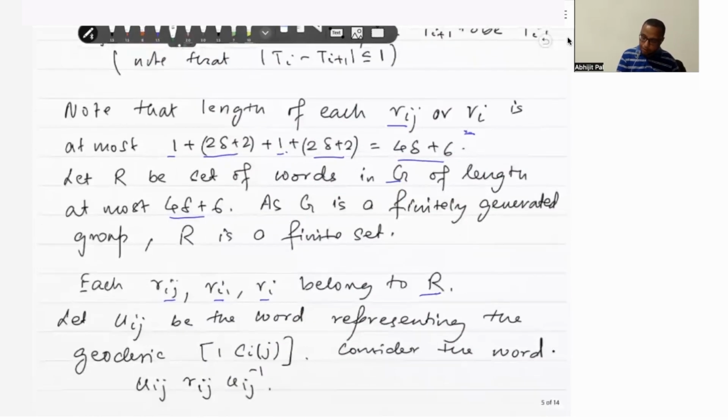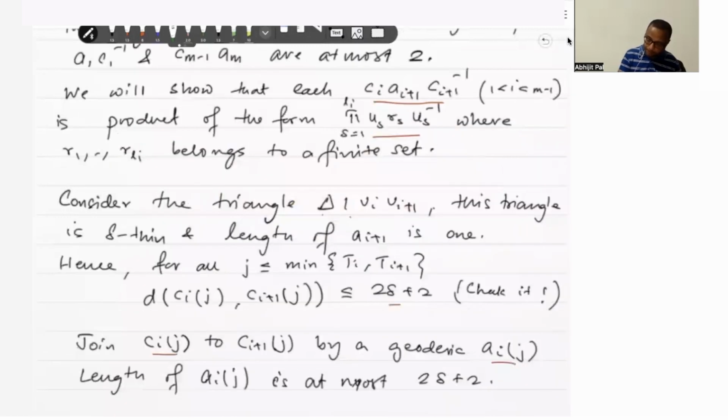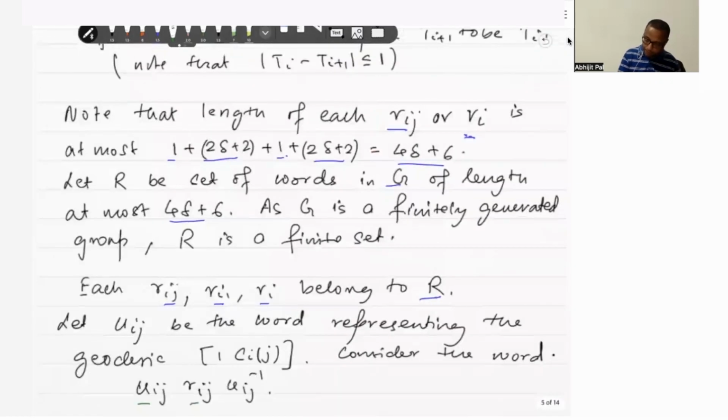Okay, and now consider the word Uij, Rij, Uij inverse. So first travel by Uij, and next you travel this loop Rij, and then again you come back to 1 by Uij inverse.